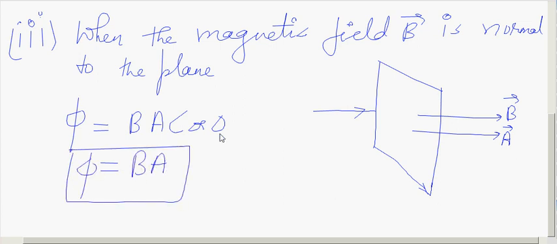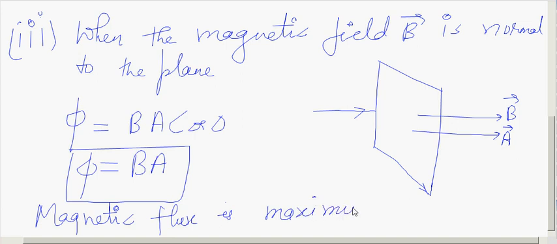Flux is maximum. Magnetic flux is maximum. The magnetic flux becomes maximum when the field lines are perpendicular to the given surface area.